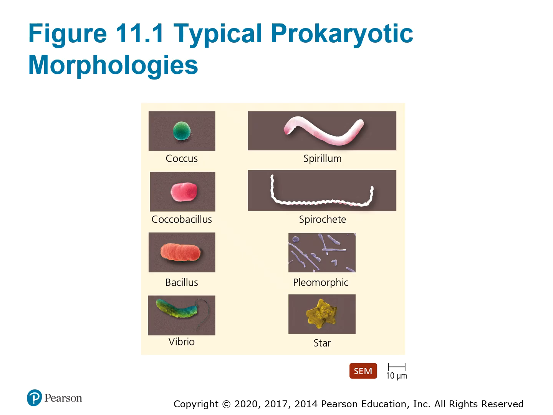So we'll start with this, and I think we looked at this a little bit in lab already, but just as an add-on to that and some additional information besides the basic lab information. So our typical prokaryotic morphologies include coccus, which is round, cocobacillus, which is a combination between a coccus and a bacillus.